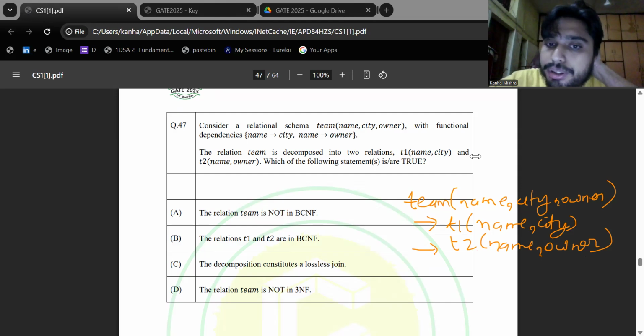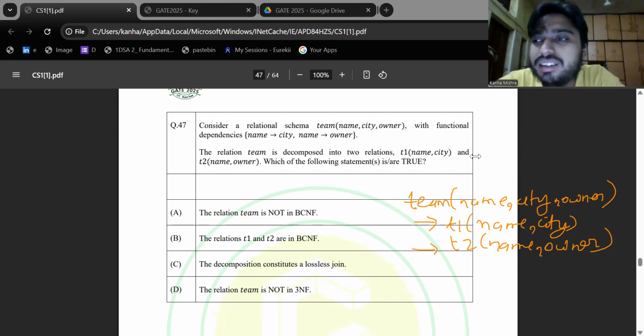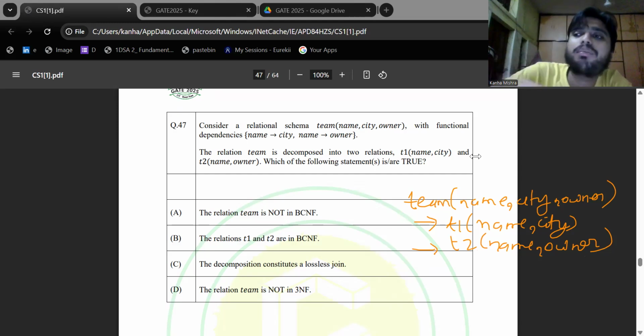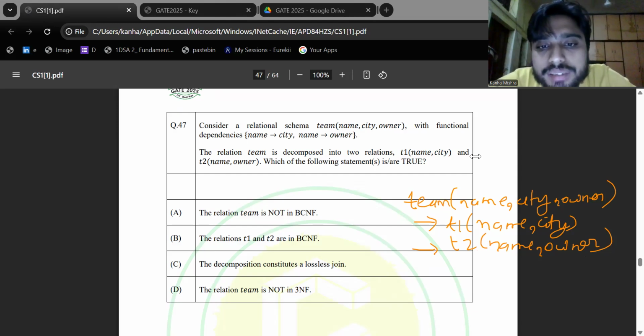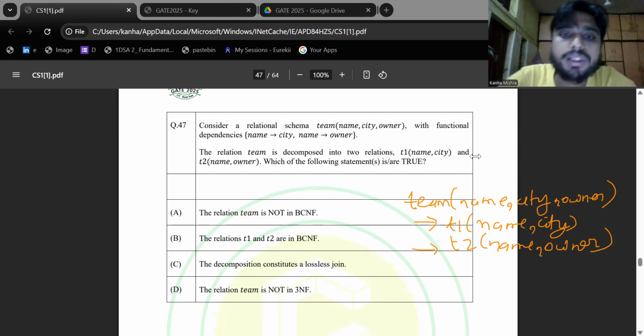Okay, let's talk about preservation of functional dependency. Even though it is not mentioned, let's still discuss a bit. It will complete the whole thing. All original functional dependencies can be inferred from the decomposed relations, as you guys know.